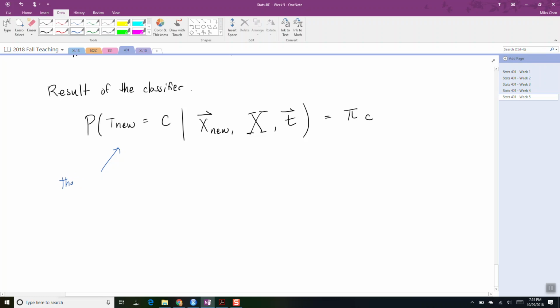So the class T of a new observation belonging to class C. This first part is the probability that a new observation belongs to class C.